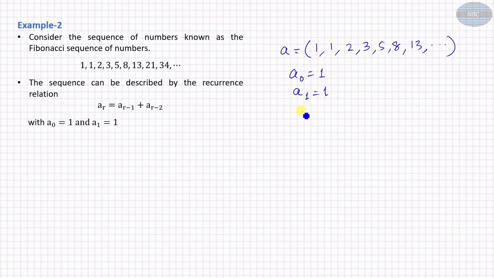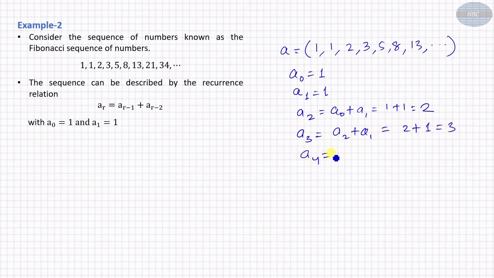We can find a_2 = a_0 + a_1 = 1 + 1 = 2. Similarly, a_3 = a_2 + a_1 = 2 + 1 = 3. Similarly, a_4 = a_3 + a_2, where a_3 is 3 and a_2 is 2, so we get 5. In this way we can find all the other values.